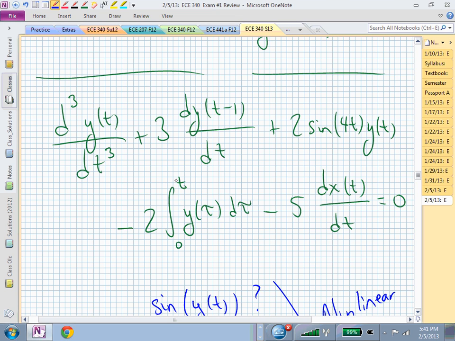I think the question was, what happens if you now added a constant? If somebody added a constant into this relationship, then you would have a nonlinear system. But for this particular y, what I should do is treat it as an indefinite integral. And then we won't have any problems with that constant floating around.